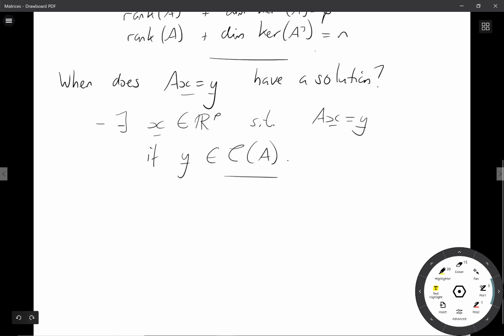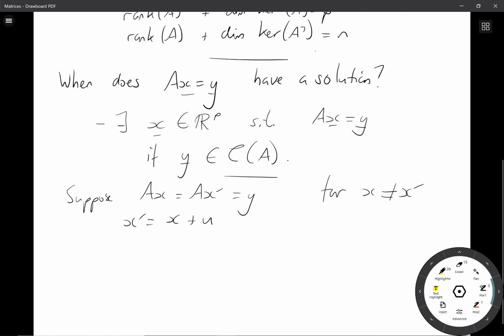So when is it a unique solution? Well, suppose there are multiple solutions. Suppose Ax equals Ax prime equals y, with x and x prime not equal to each other. Well, x and x prime are in the same vector space, so we can write x prime as x plus another vector u.